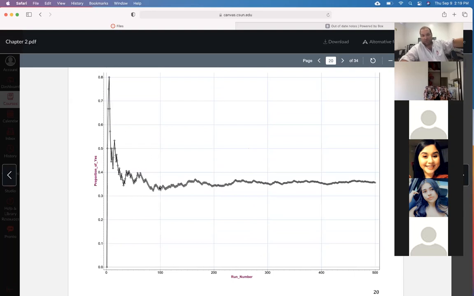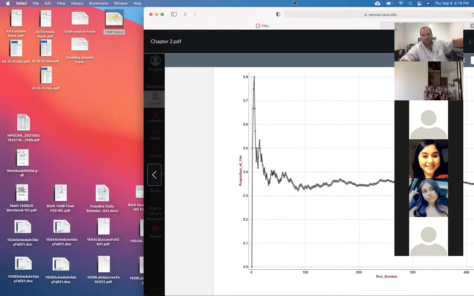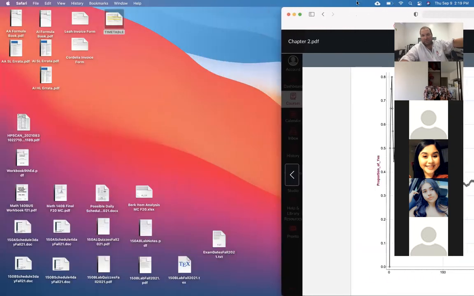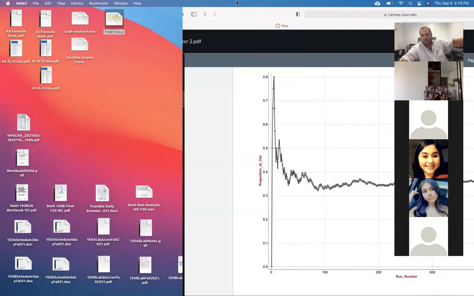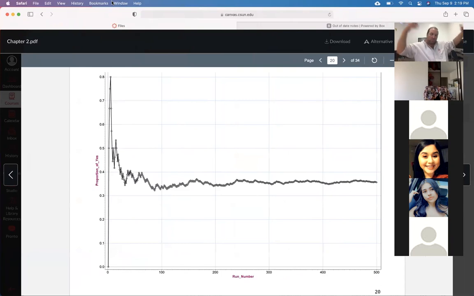Even if I had stopped at 100, I wouldn't claim I'm stabilized yet. Correct. So the question is, as a general rule, how far do you have to go before you can claim stabilization, before you can say, I'm confident that I'm in the ballpark?